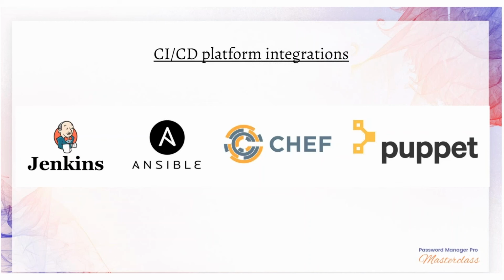To mitigate such risk, Password Manager Pro helps eliminate embedded credentials in the DevOps pipeline by providing integration with CI/CD tools like Jenkins, Ansible, Chef, Puppet, etc. This integration ensures that the required credentials are retrieved securely from the Password Manager Pro vault every time a particular task is executed, instead of being stored in plain text within the script files.